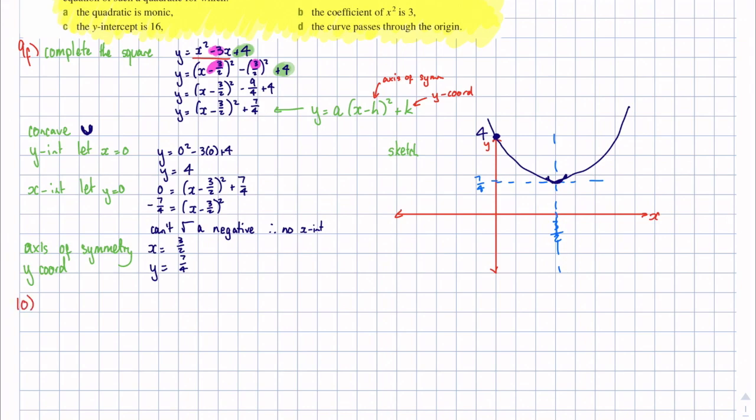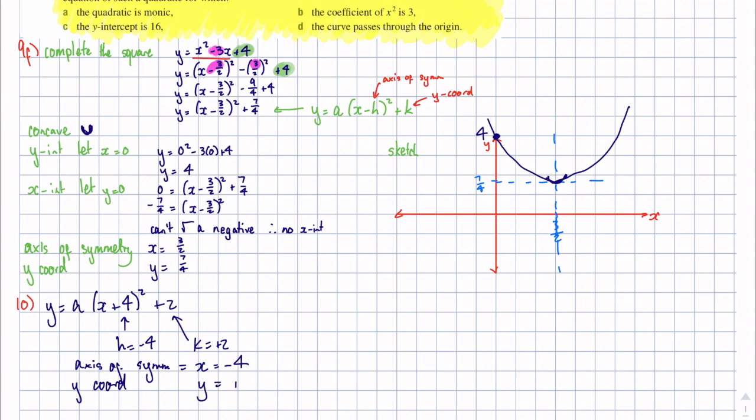We've got y equals a(x plus 4) squared plus 2. h is minus 4, k is positive 2, axis of symmetry is x equals minus 4, the y-coordinate is positive 2. The reason it's the general form is because this a out the front is going to determine how fat or thin it is, but all of them are going to have that turning point.